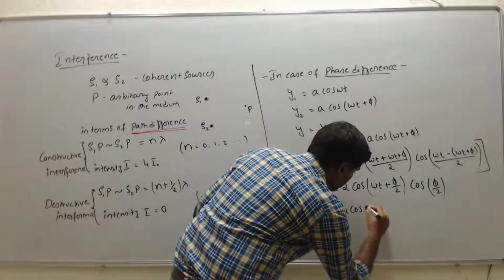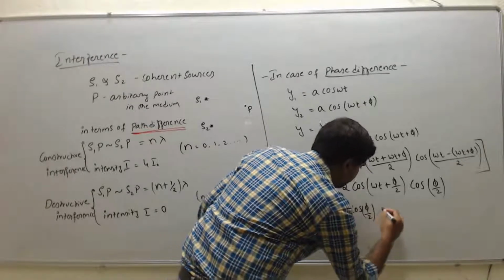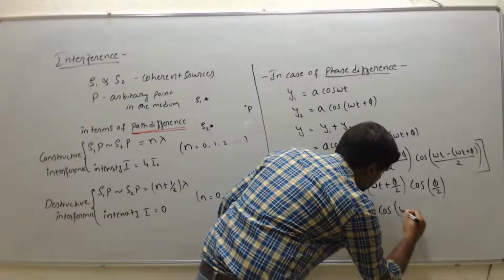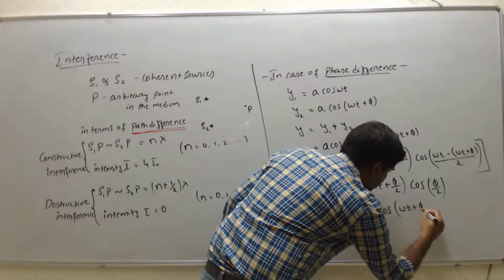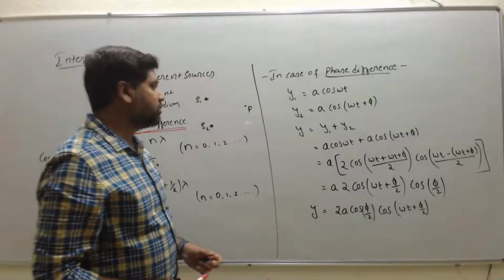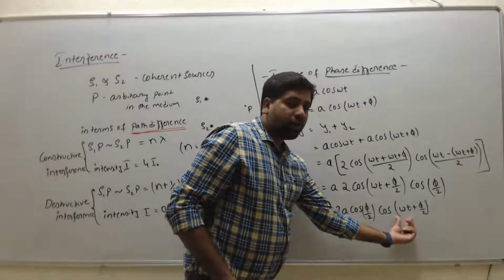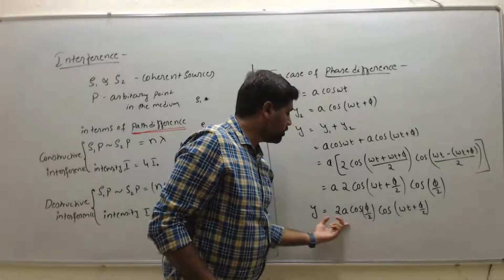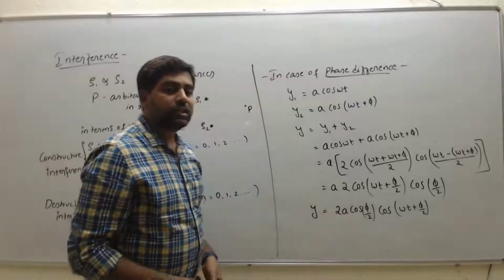So if we rearrange here, the resultant displacement y is equal to 2a cos pi by 2 into cos of (omega t plus pi by 2). So this represents the wave equation and this whole term 2a cos of pi by 2 gives the amplitude of the resultant wave.